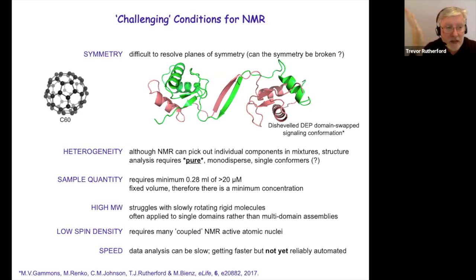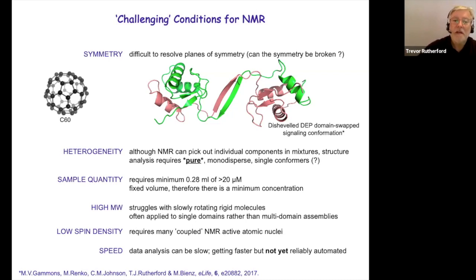The speed of data analysis is very often the same day, and even if not, after a couple of days of data analysis from crystallography, once you've got the data, then you have a structure at the end. But with NMR, it can take weeks or even months to polish off a publication quality, high resolution structure. So we would always recommend, if you can, you do your structural work by crystallography, but NMR can get in and get some quick answers.